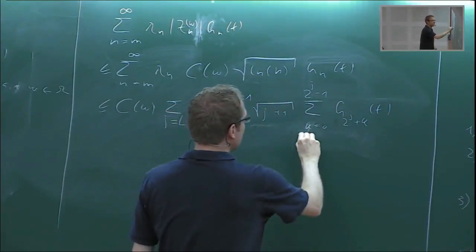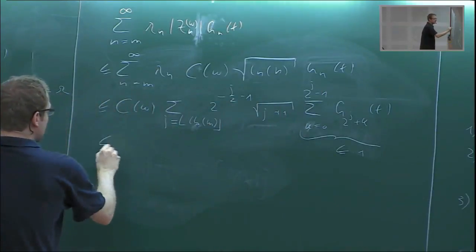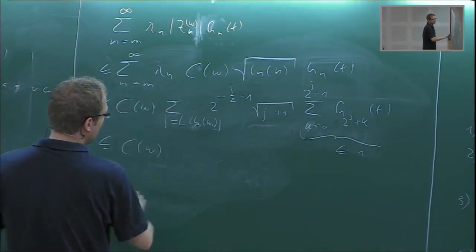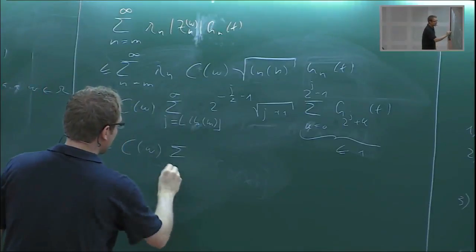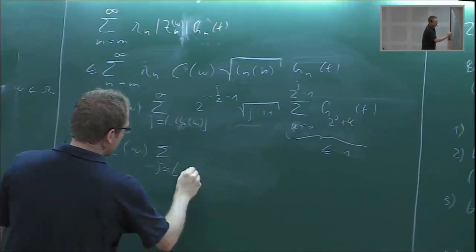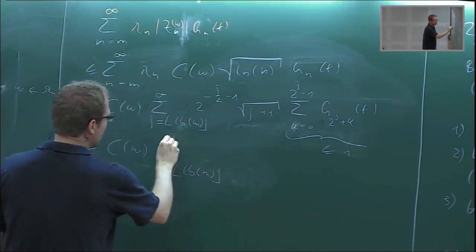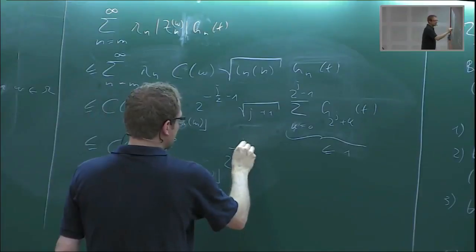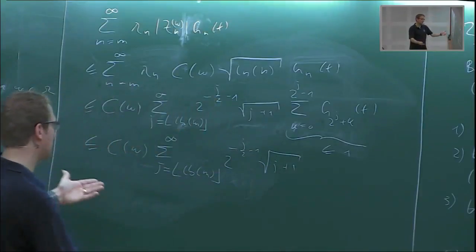So this is less or equal than 1. So this is less or equal than the c of omega times the sum from j, the logarithm of m, to infinity, of 2 to the minus j half minus 1, times j plus 1. And this is something which converges.